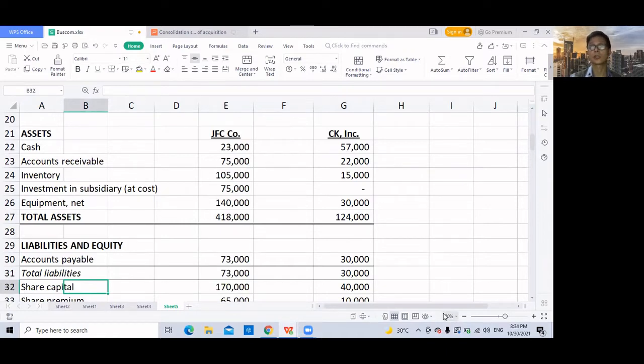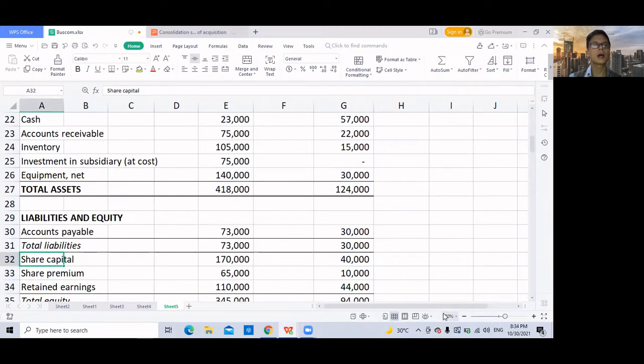So kaya isa lang yung kanyang liabilities. And then share capital, but of course in reality mas marami yun, no? Especially in real life. Well, this is also akma rin sa real world situation, kaya lang pinasimple lang natin.